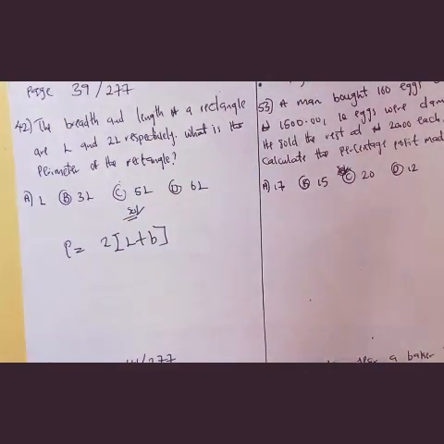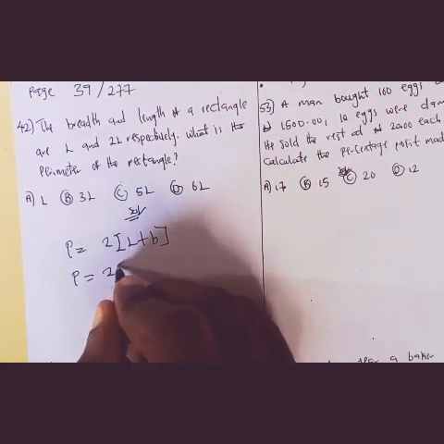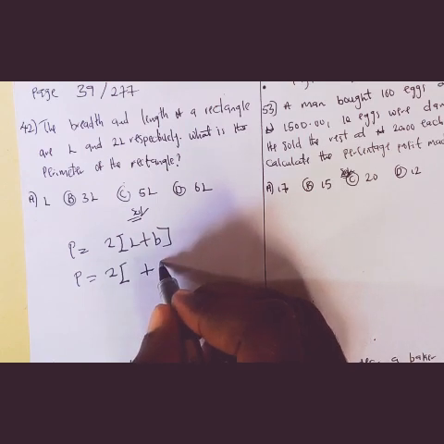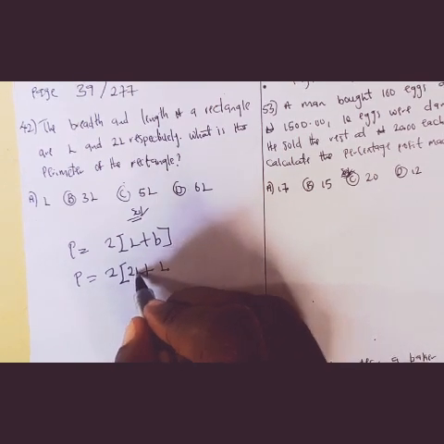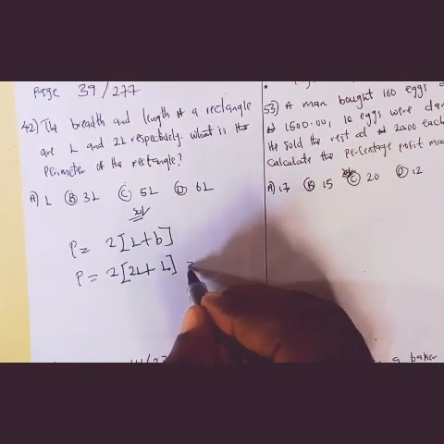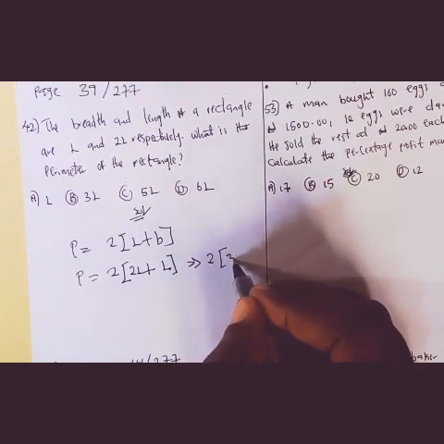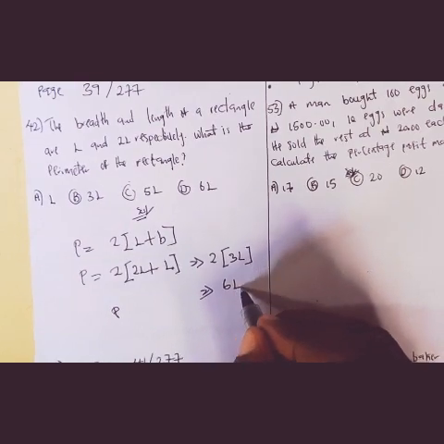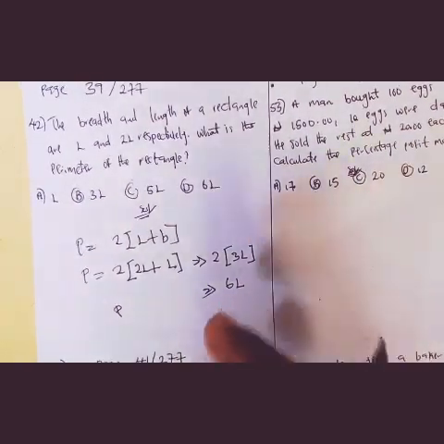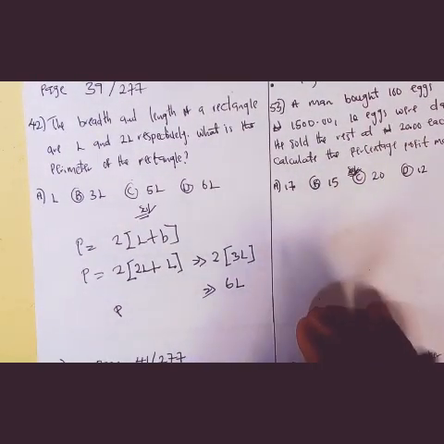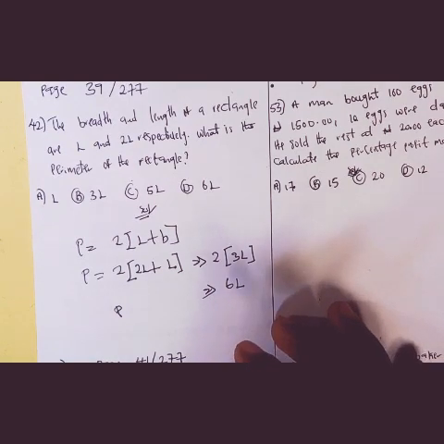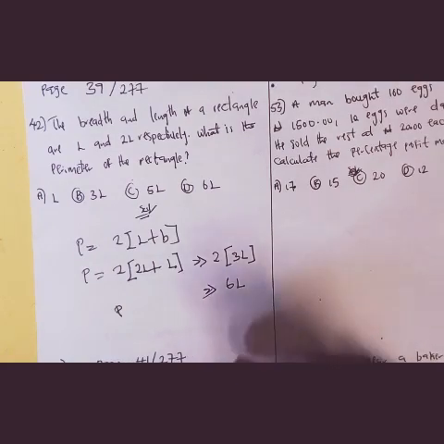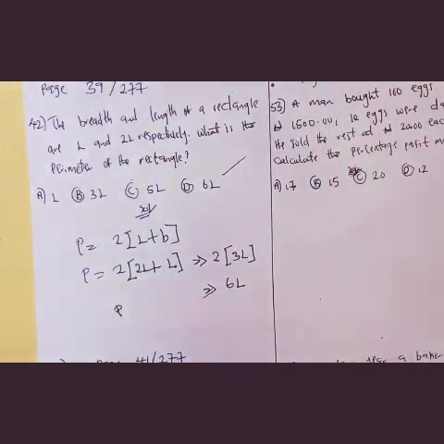Since the breadth is L and the length is 2L, when we sum that together, we have 2 into 3L. So the perimeter will be equal to 6L. You have to forgive me for being so fast. This is a time-based exam, so you have to learn in your practices to be very fast, with great speed and accuracy. So this is 6L, so I'll be going for option A.